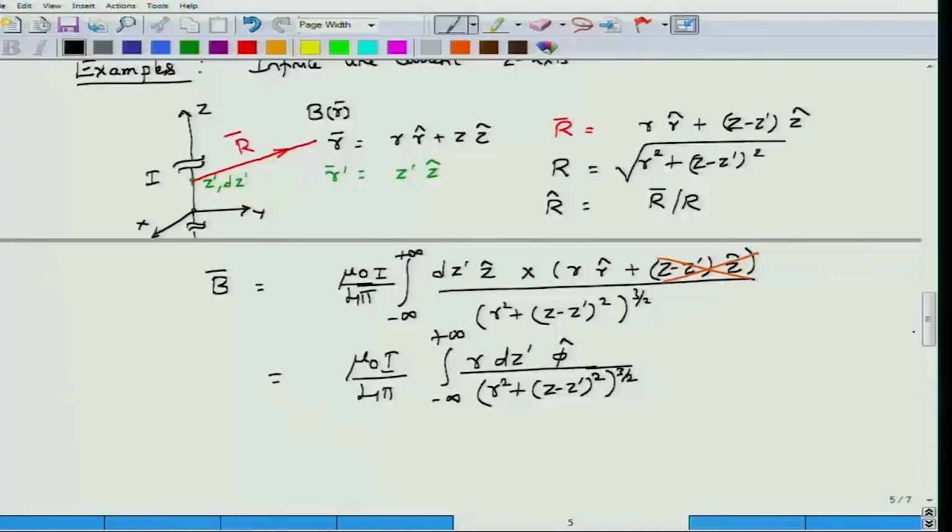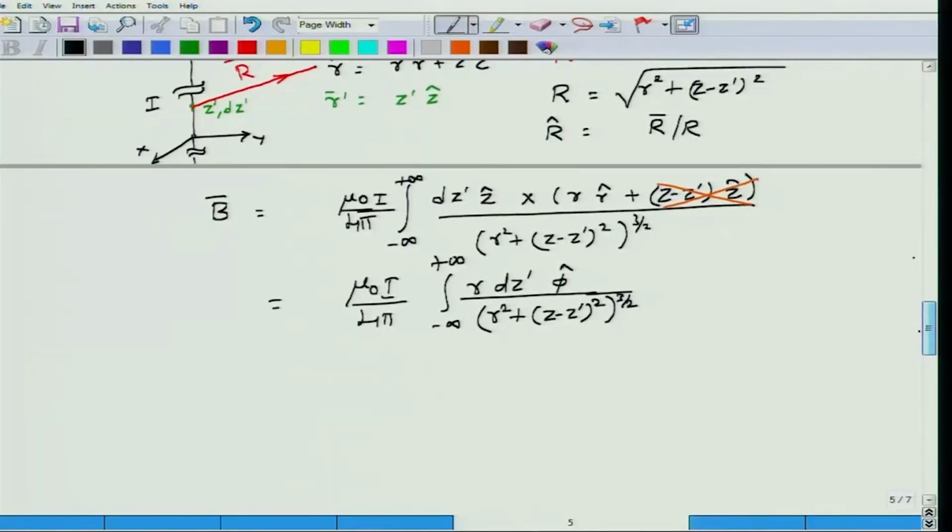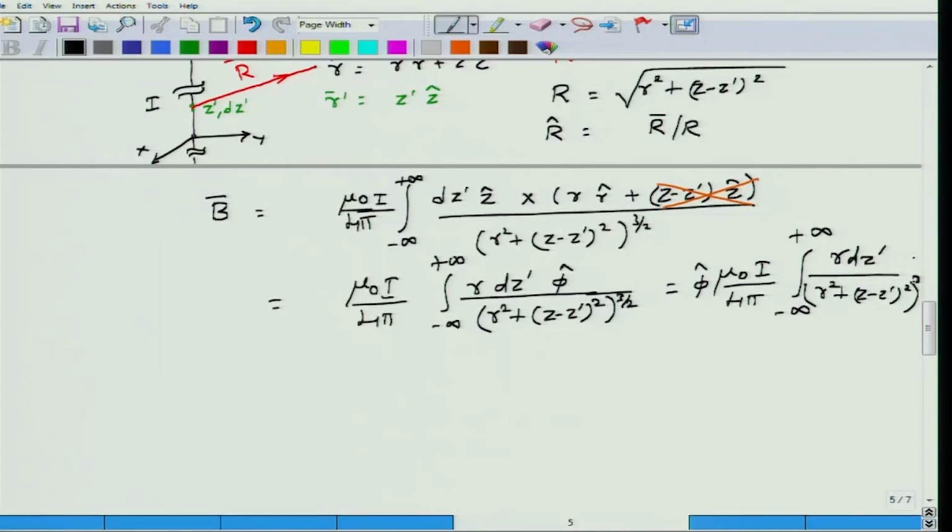R is also a constant in this case because you are looking at a particular point; only z prime is changing. So you can write this as mu 0 I in the direction of phi, divided by 4 pi, and you are left with the integral from minus infinity to plus infinity r dz prime divided by r square plus z minus z prime square to the power 3 by 2.